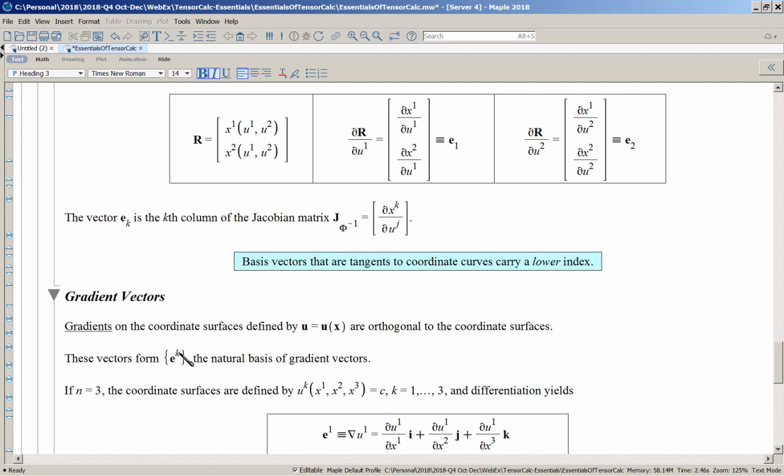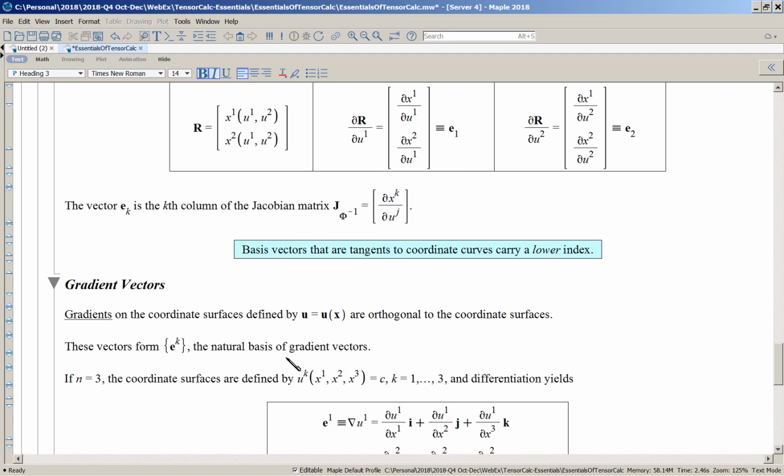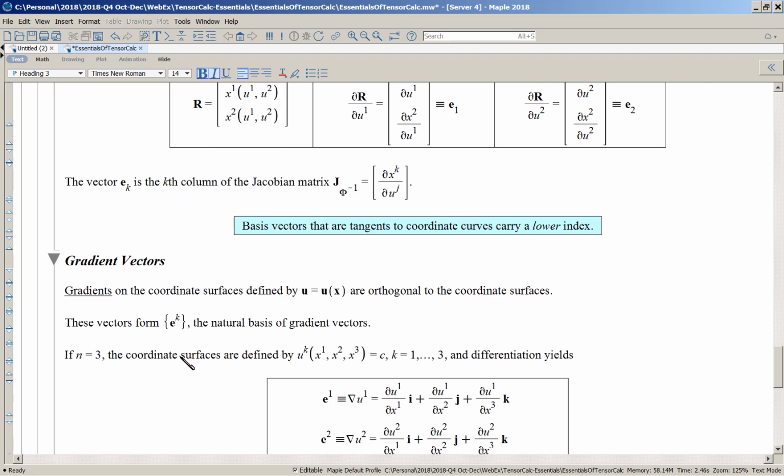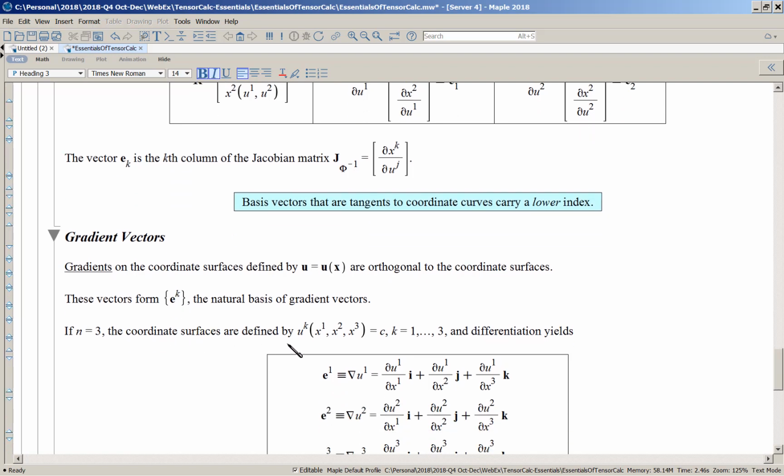And we will use a superscript on a gradient vector. So the natural basis gradient vectors would be this collection of vectors that we will designate with a superscript. Now let's look at that in case n equals 3, because that's where you think about surfaces.